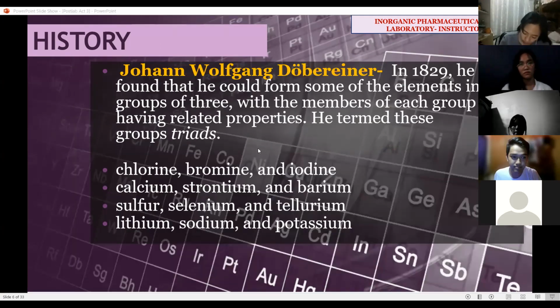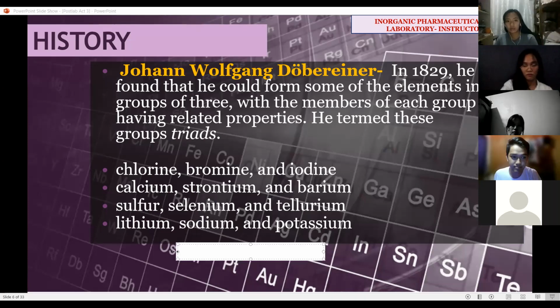And then we have Johann Wolfgang Dobereiner. Para madali no kay daghan kaayog nakasulat, ang inyong tandaan if you are asked who made the law of triads, meaning he grouped the elements by threes, like chlorine, bromine, and iodine, isang group sila. So law of triads, it was made by Johann Wolfgang Dobereiner. And I forgot to place another name here in the slide, John Newlands.